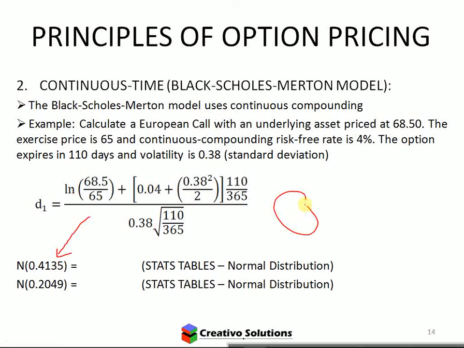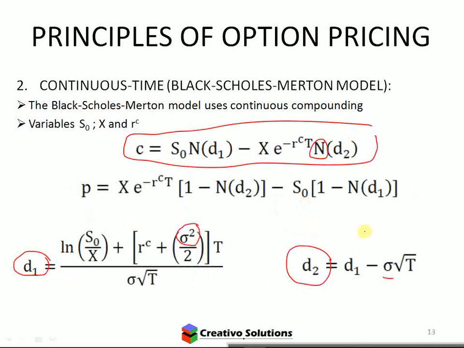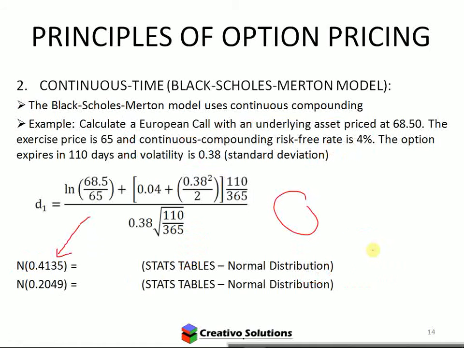If I look at the formula, which is here, you need d1 first before you can work out d2. That one isn't so bad to work out as long as you've got the right answer.